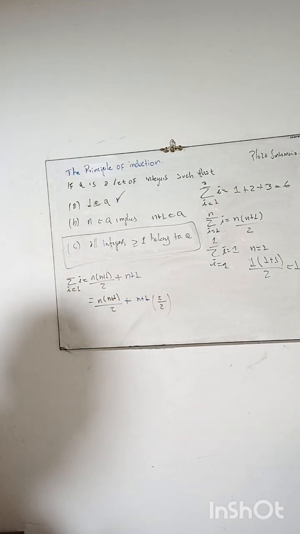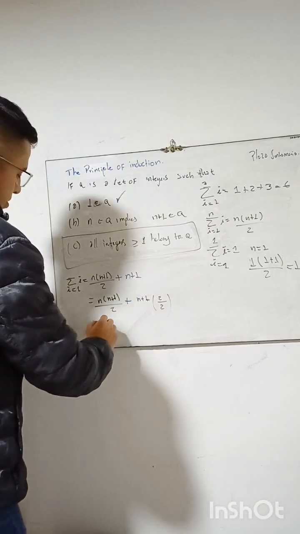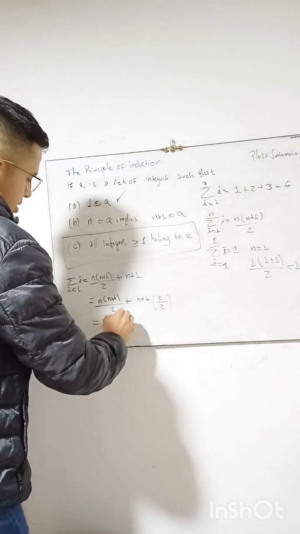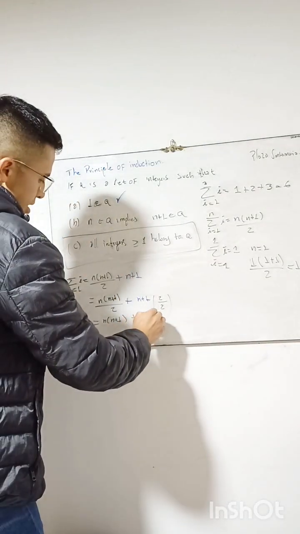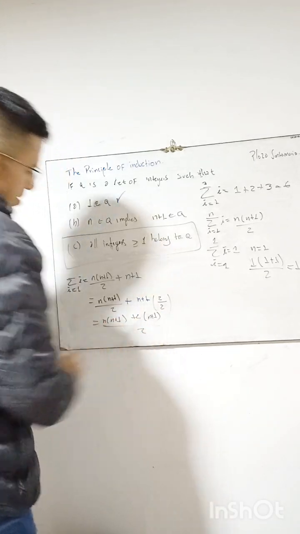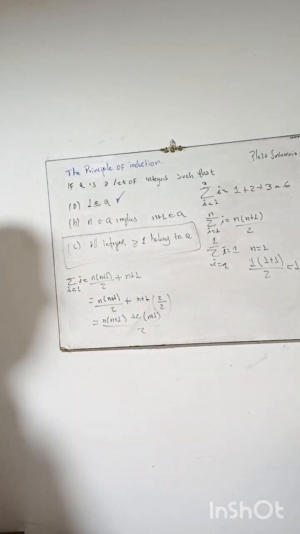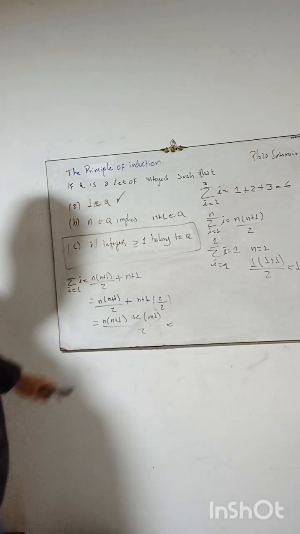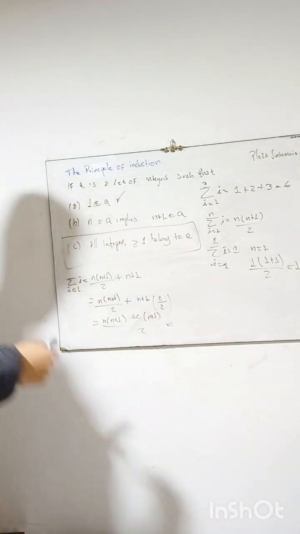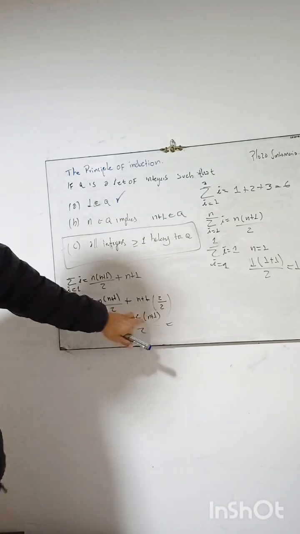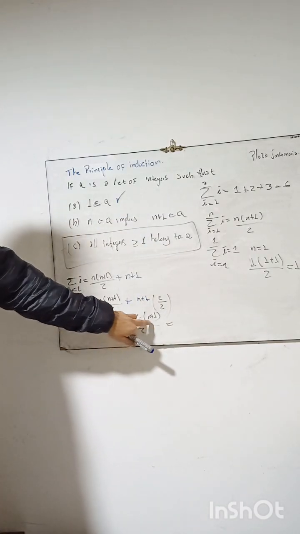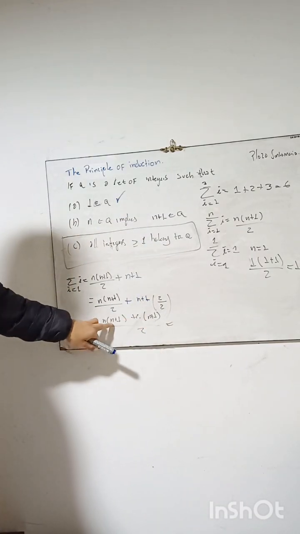So I'm going to calculate this one, and this is equal to, we have the associative property, and this is factor n plus 1 and n plus 1.